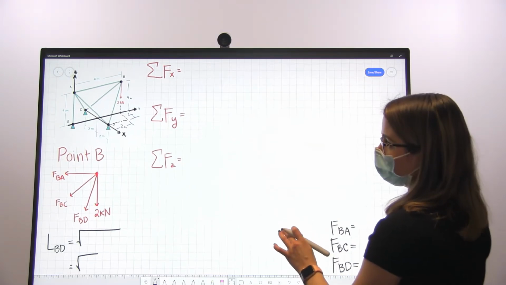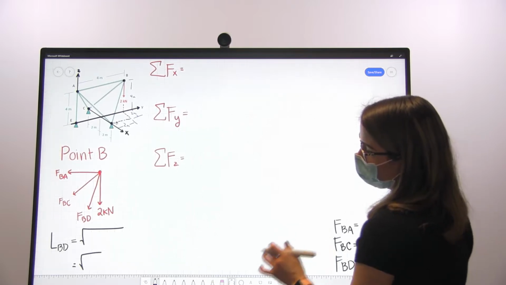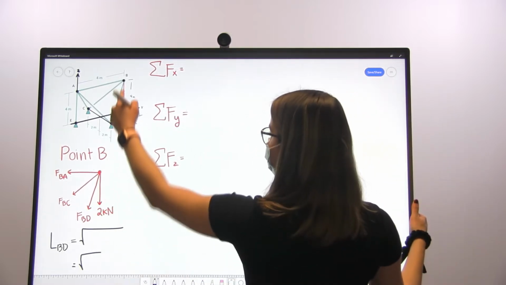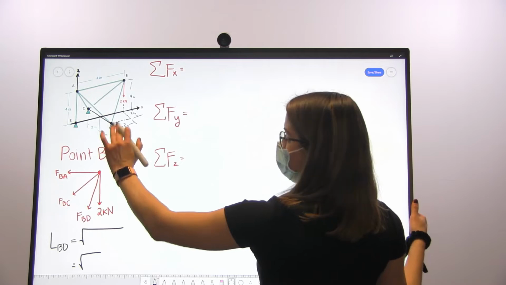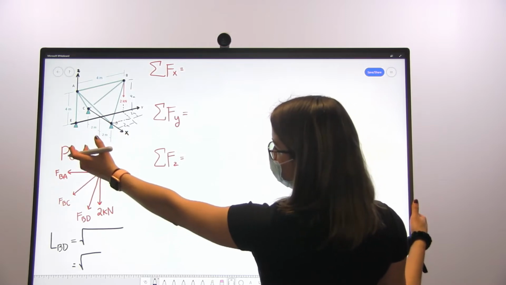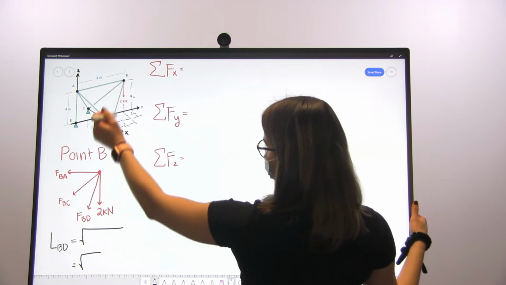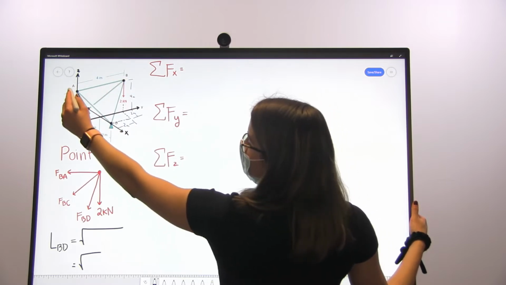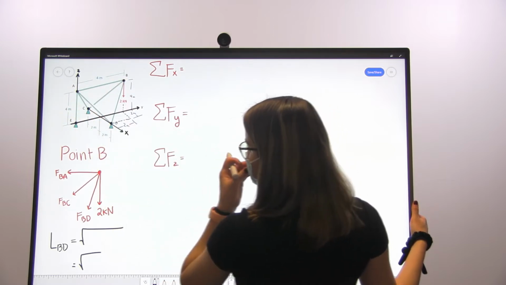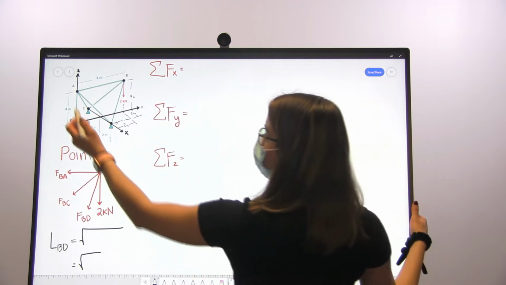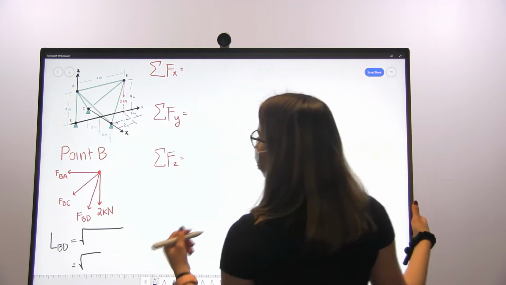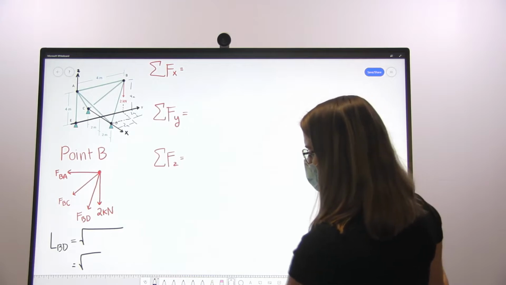So the first thing that we're going to do is find the magnitude of one of the cables. Just by looking at the geometry of the system, we know that cables BD, BC, AD, and AC are equal in length, and cables AE and AB are equal in length.